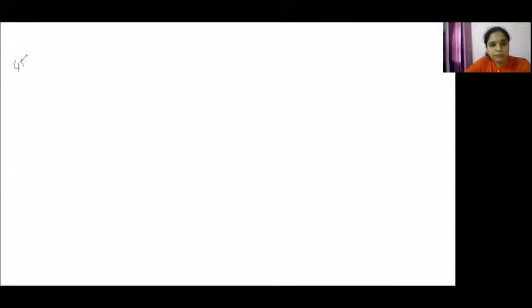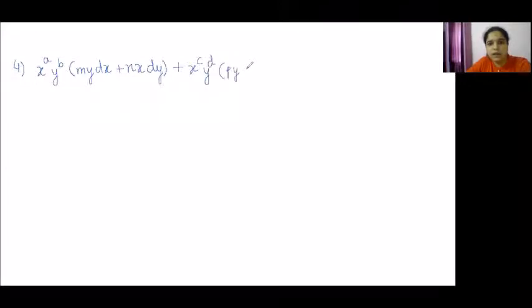What is that fourth rule? If we have the differential equation of the form x raised to power a, y raised to power b, (m y dx + n x dy) plus x raised to power c, y raised to power d, (p y dx + q x dy) equal to 0.